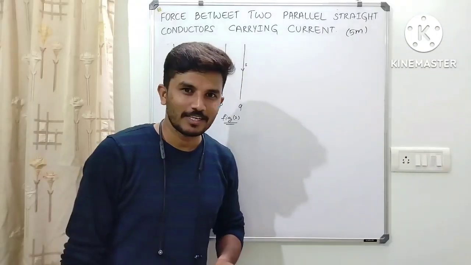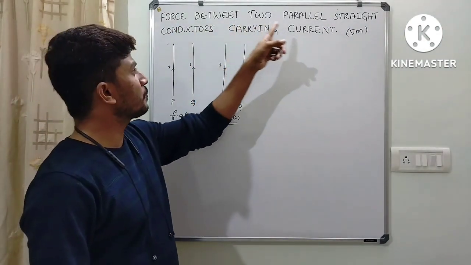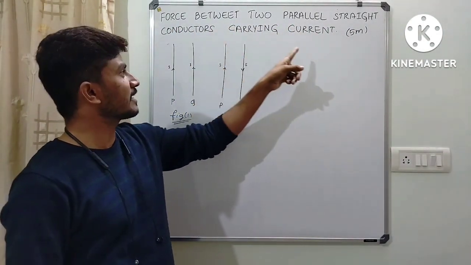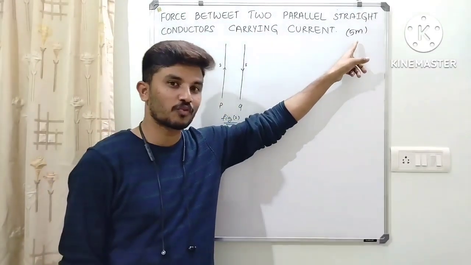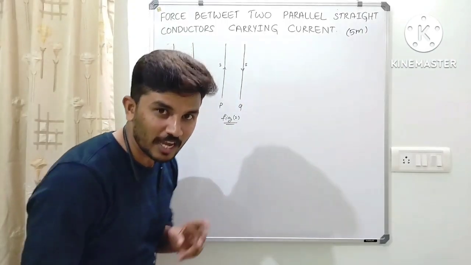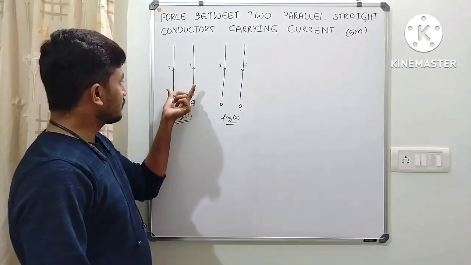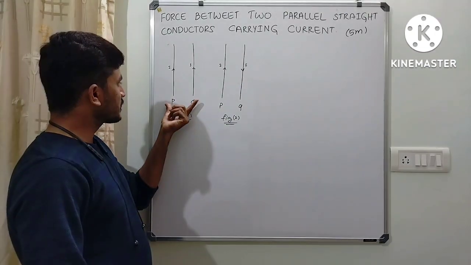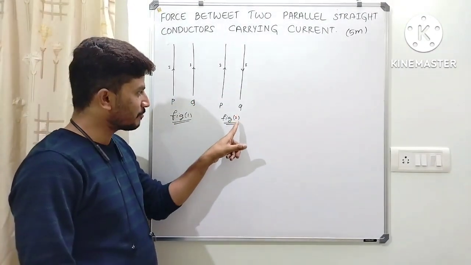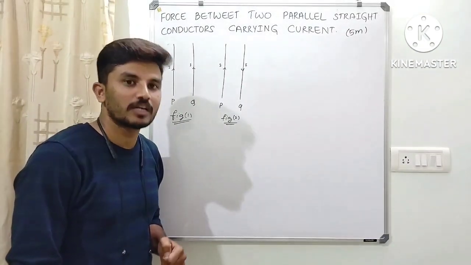Okay, dear students, next we have one more concept, that is force between two parallel straight conductors carrying current, which is very important for 5 marks, second PUC board examination. Here we have considered two figures. In the first figure we have two conductors P and Q, and in the same way we have two conductors in the second figure also.